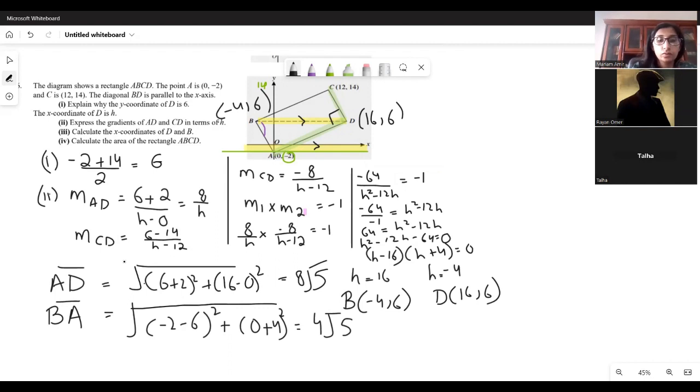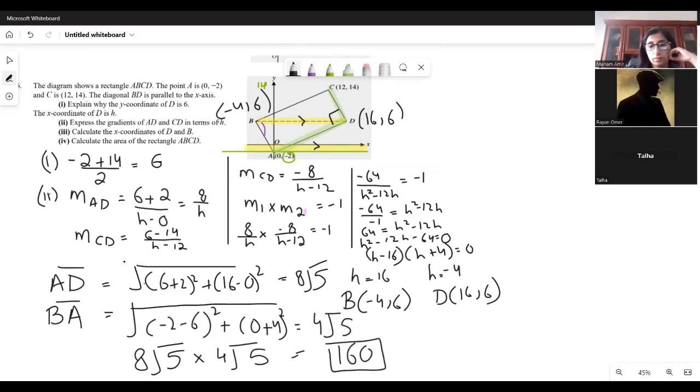Okay. So length times width is going to be product of these two. So क्या है आंसर? मिस 160. ठीक है. 160 is the correct answer.